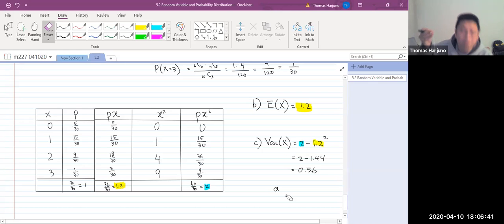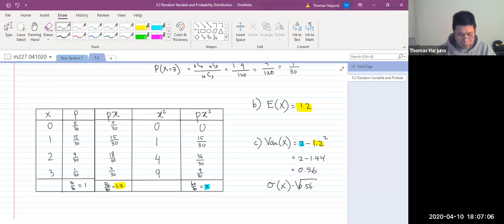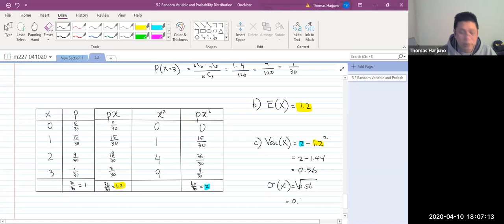Therefore the standard deviation will be the square root of that. Standard deviation will be square root of 0.56, which is 0.74, 0.74833.